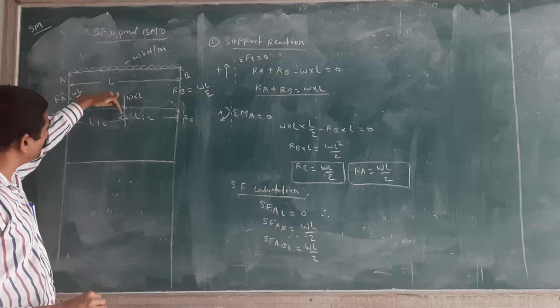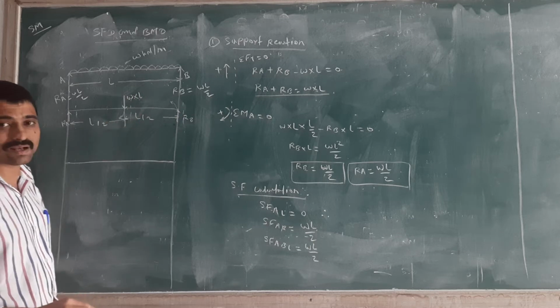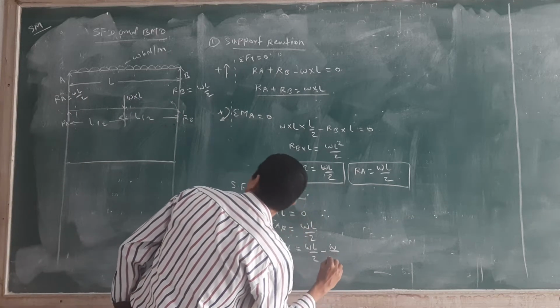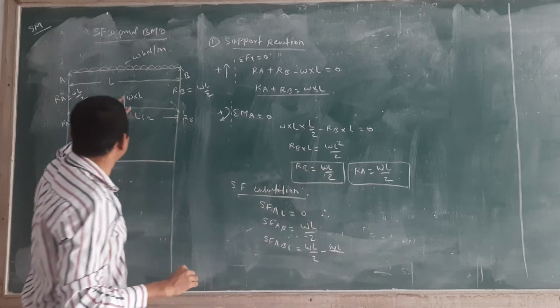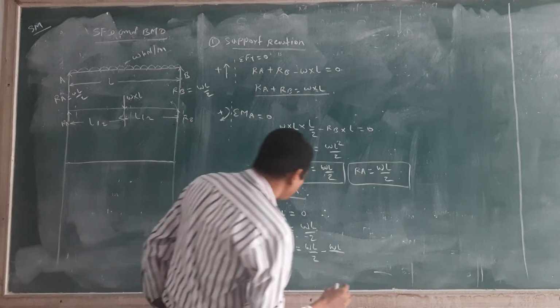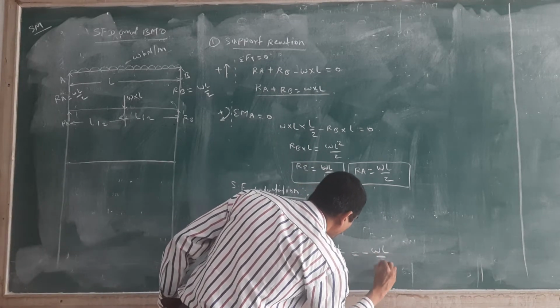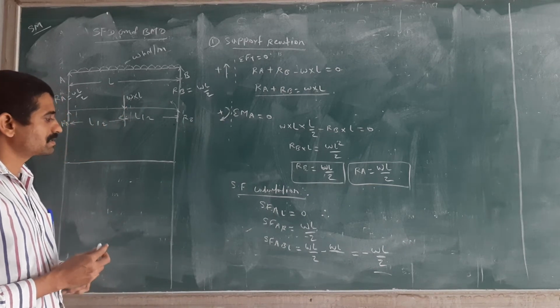And one more value in between, A to B, minus WL. If you calculate this, you will get minus WL by 2.